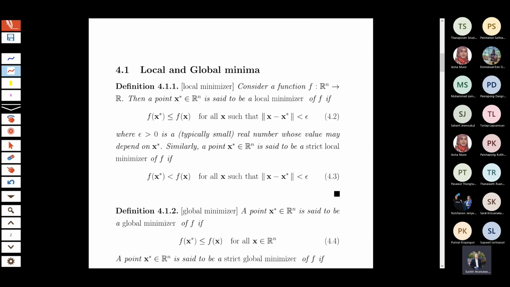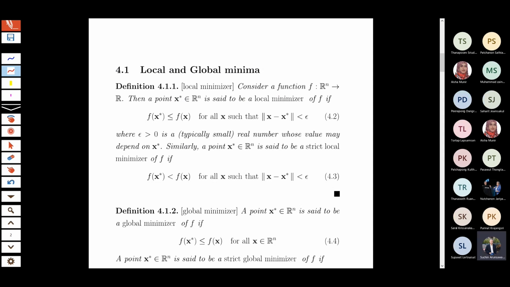A given point x* in R^n, in the domain, is said to be a local minimum of f if f(x*) is less than or equal to f(x) for all x in the neighborhood.